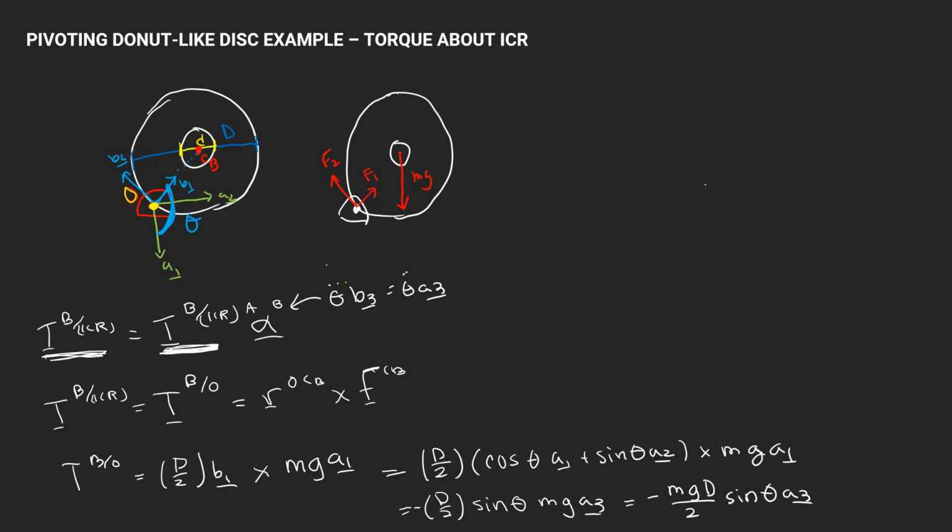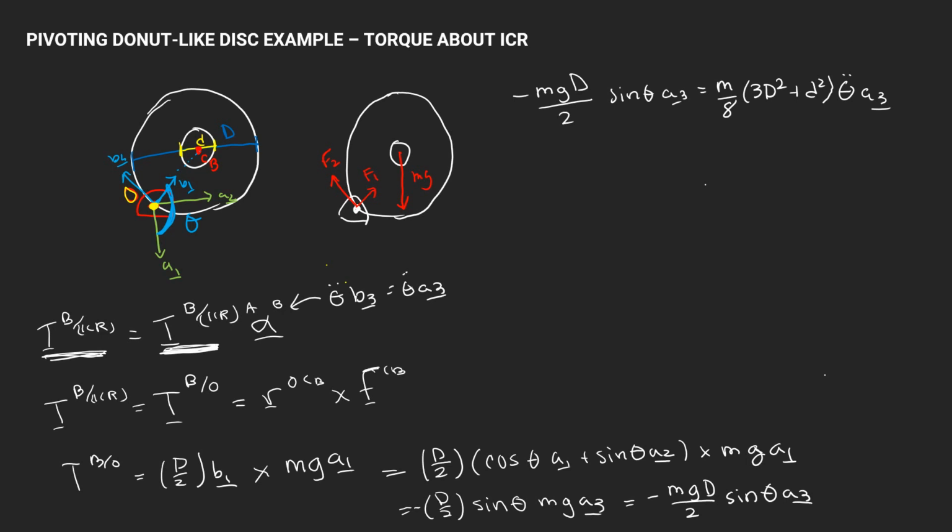So we end up with the torque, mg d over 2 sine theta A3, is equal to, and you can refer back to your notes, m over 8 times 3D squared plus little d squared times theta double dot A3.